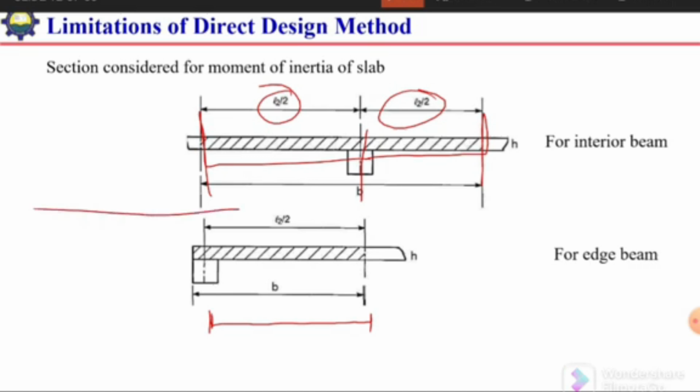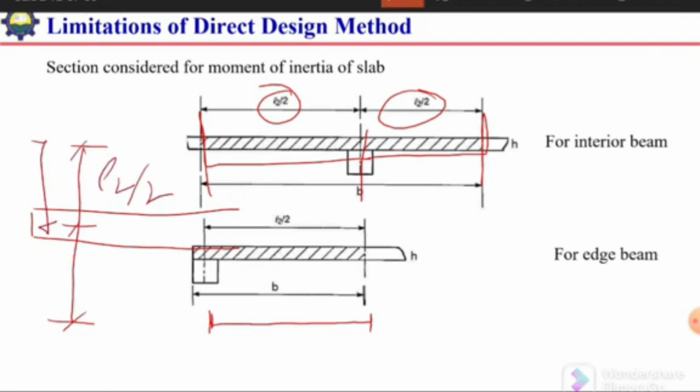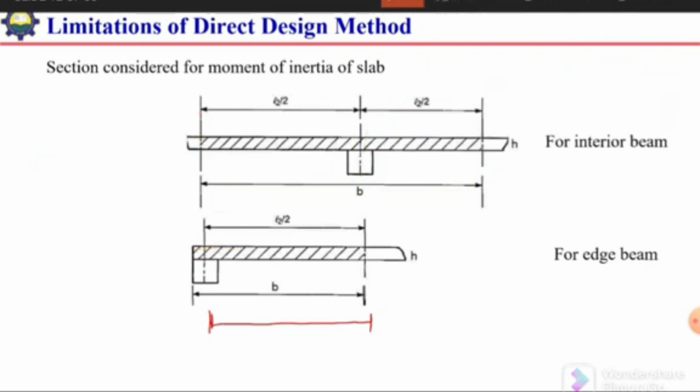In the direction transverse to the beam direction, this span is L2 by 2, L2 by 2. So in that case this will become B. Once we have B and H, we can calculate the second moment of inertia of slab.